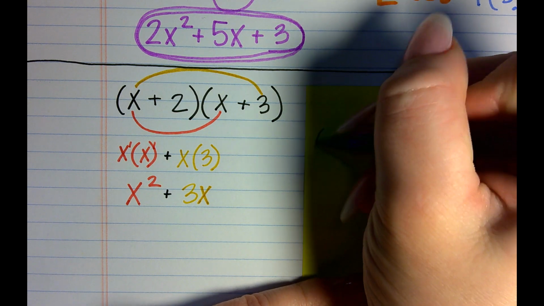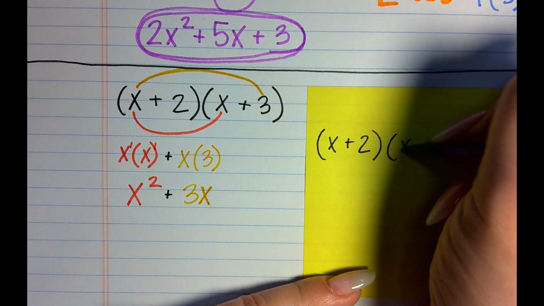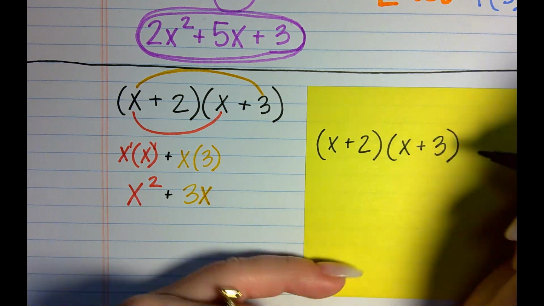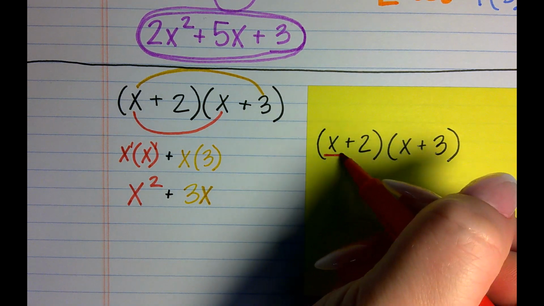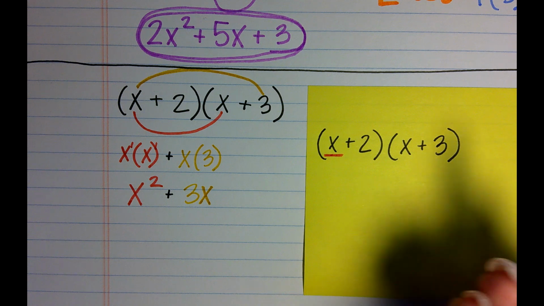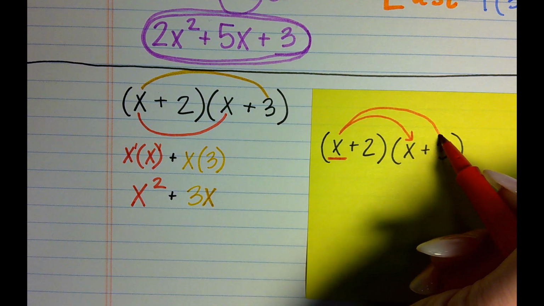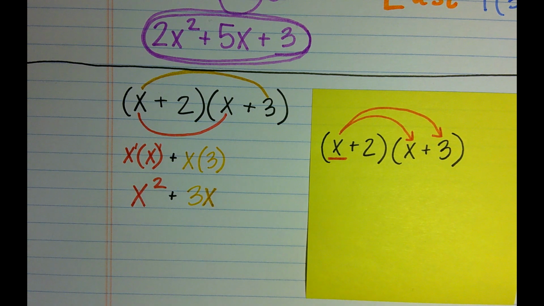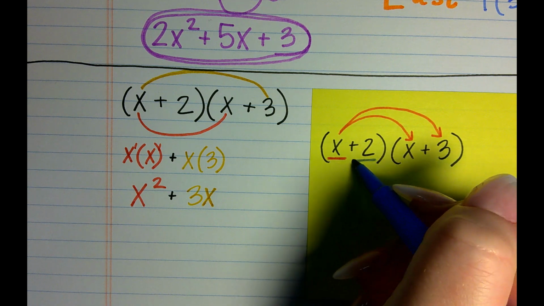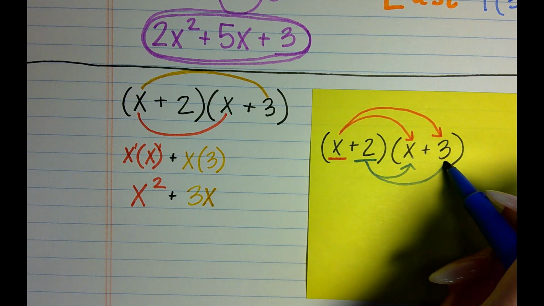So x plus 2, x plus 3. We could think of it like this. First distribute the x, then distribute the 2. So I'm doing x times x and x times 3. That's what we just did here. And then I'm distributing the 2, which is 2 times x and 2 times 3.